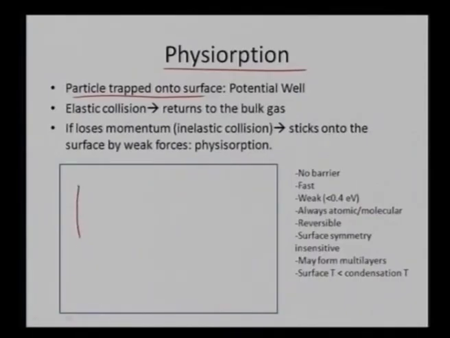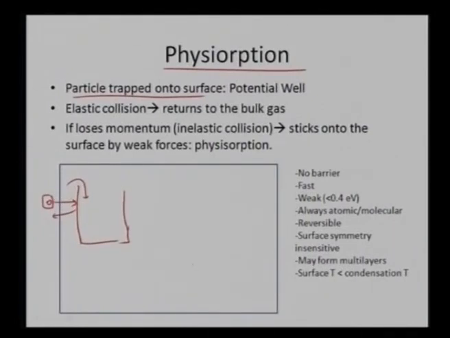So I have a particular entity which is entering the well by some means, and because of elastic collisions, the species can go back to the gas. So the particular ion or atom or molecule tried to stay, but it could not because of elastic collision.